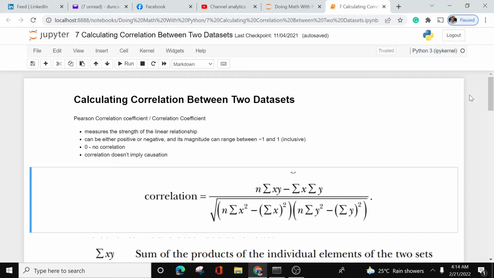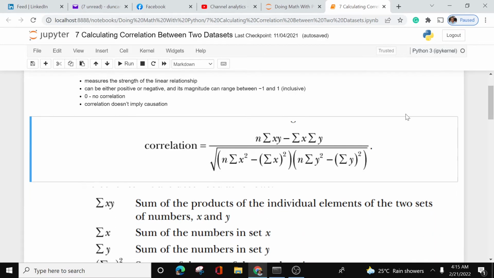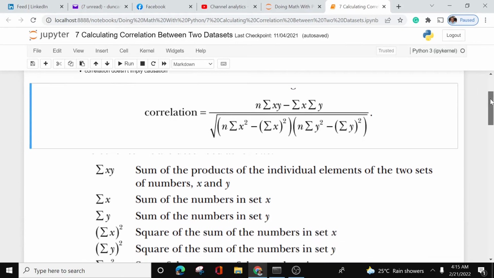So here we have the mathematical formula of correlation. How do we calculate correlation? We have different elements in our formula, so we're going to go through them one by one.